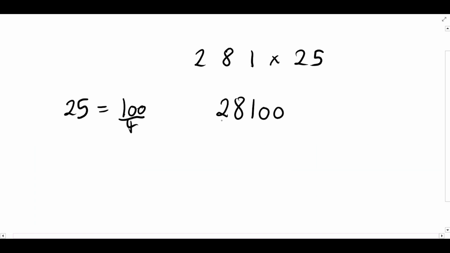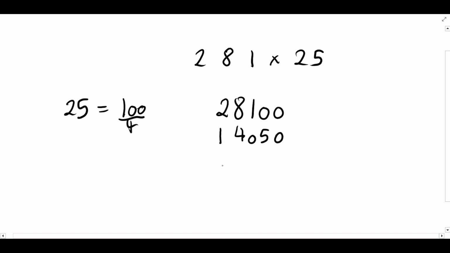So 28100 divided by 2 twice. Let's write it one below the other to make it simpler. You get 2 by 2 is 1, 8 by 2 is 4, 1 by 2 not possible, but 10 by 2 is 5, and 0.